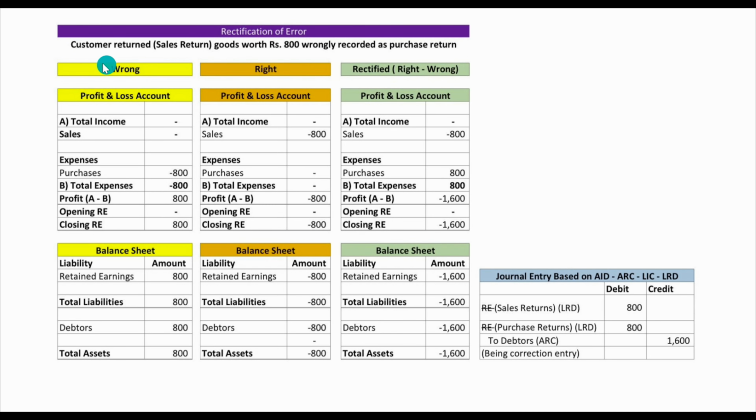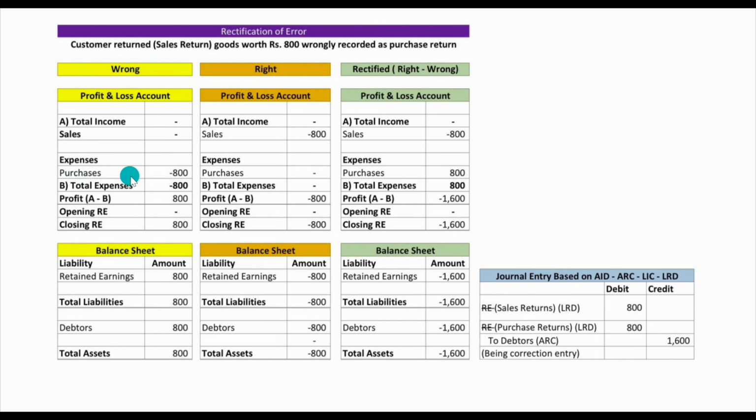Rectification of error. Customer return, that is sales return, goods worth rupees 800 recorded wrongly as purchase return. So in the wrong entry, it will be recorded as minus 800 in purchases. When there is normal purchases, we write with plus amount, but it is purchase return.